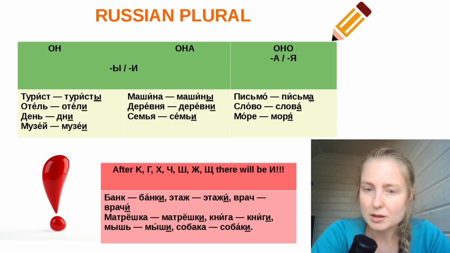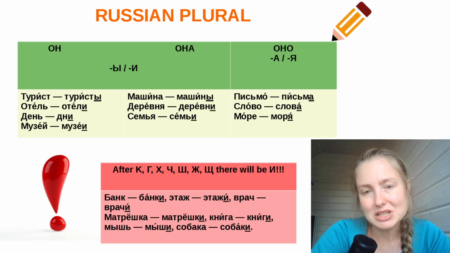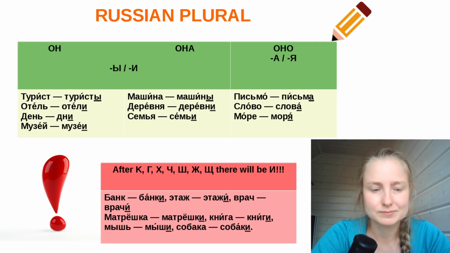So письмо, письма, слово, слова. And if neuter words end in е, ending е changes into ending я. Море, моря. Okay, I think it's not very difficult for you. No questions?